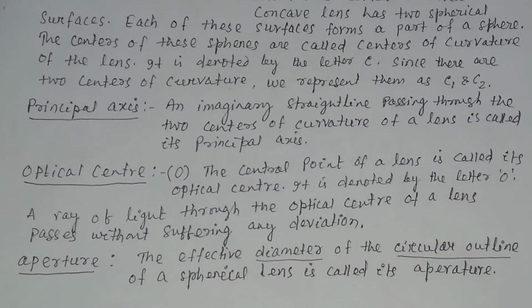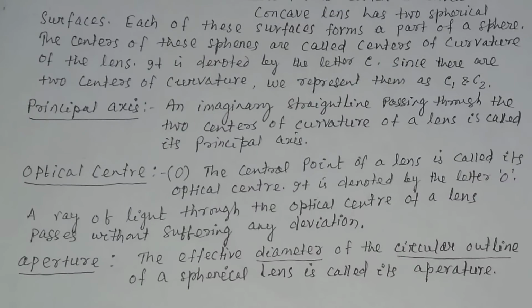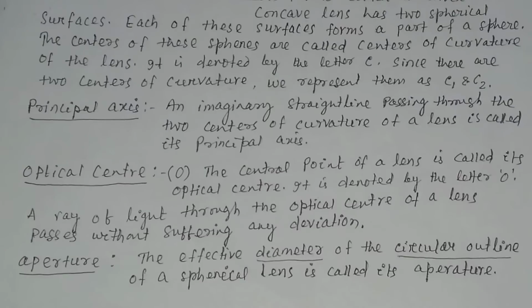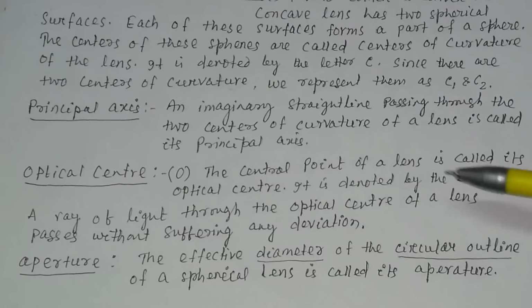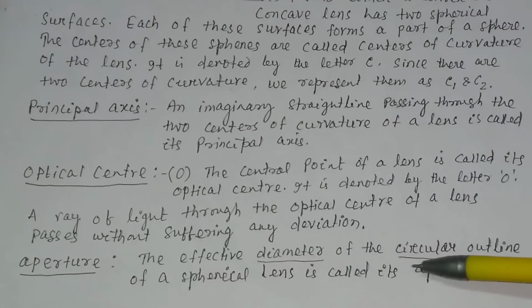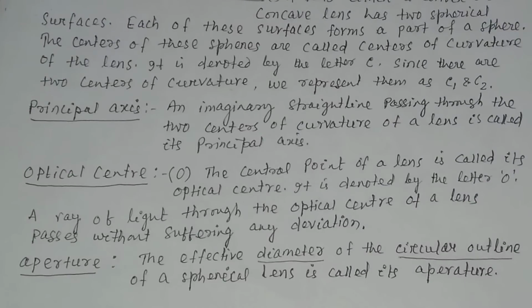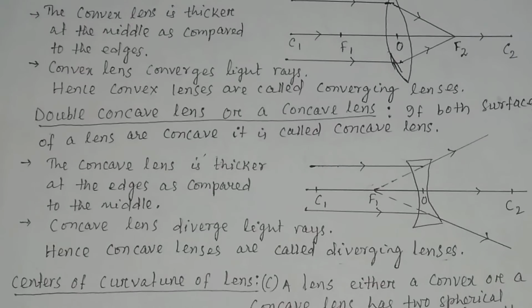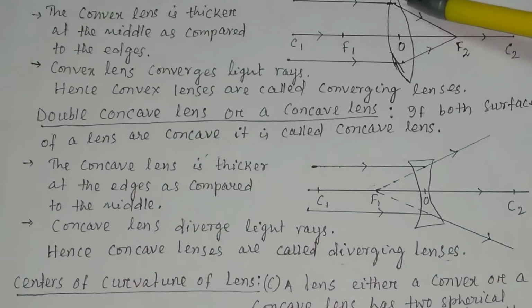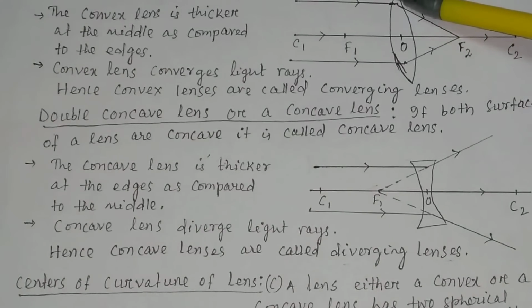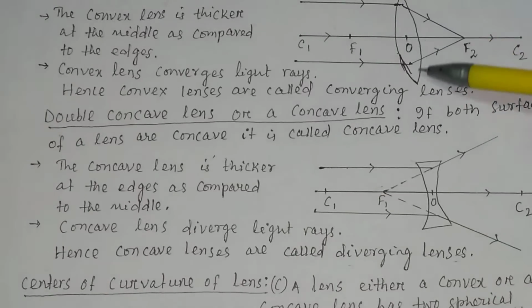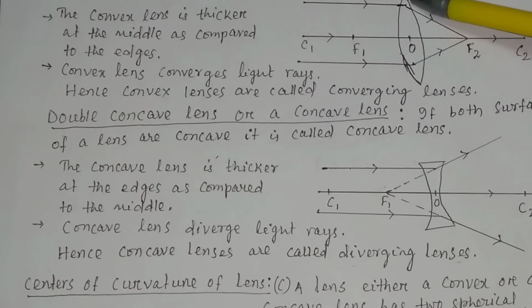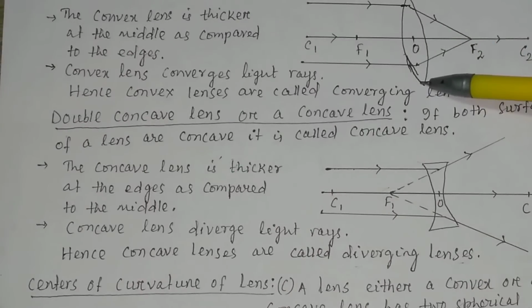Next term, aperture. The effective diameter of the circular outline of a spherical lens is called its aperture. You see the effective diameter of the circular outline. This is the circular outline, and the diameter of the circular outline means this to this.